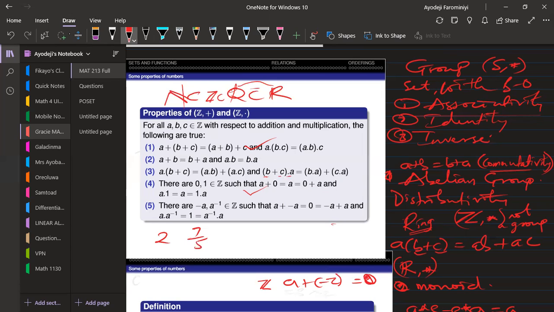What is now the inverse of 0? 0 is a real number, isn't it? 0 is in R. But what is the inverse of 0? What will you multiply by 0 to get 1?